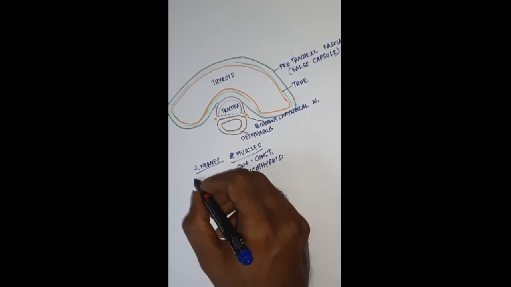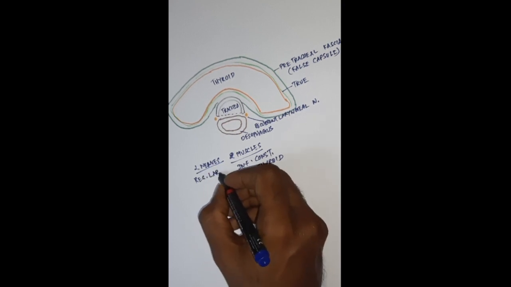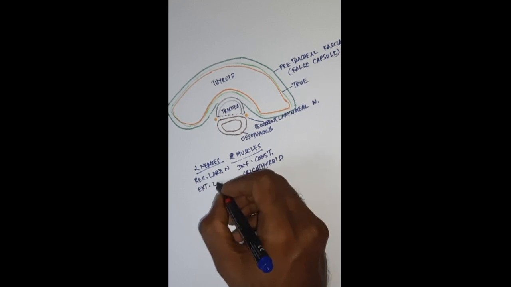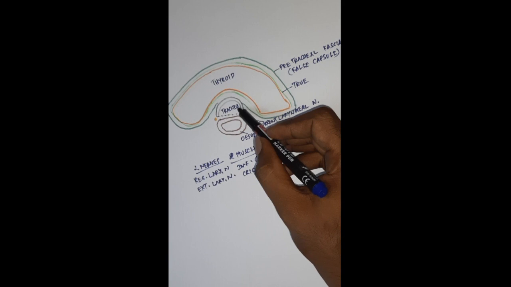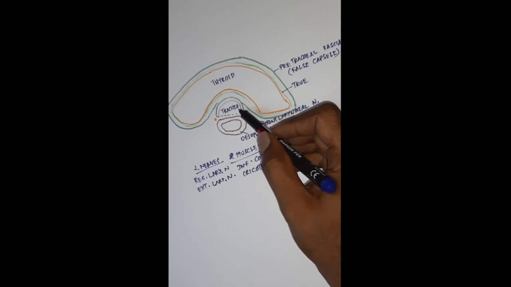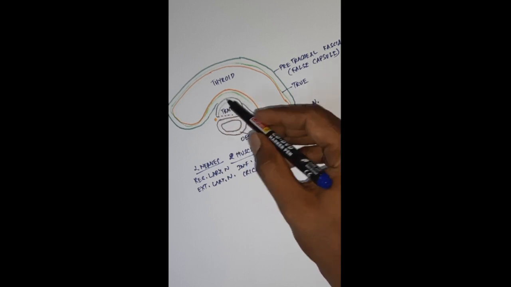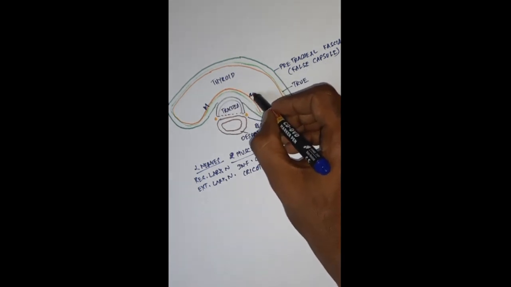So two tubes will be trachea, which is nothing but the continuation of larynx, and esophagus, which is nothing but the continuation of laryngopharynx. So these are the structures that are related to the medial surface.